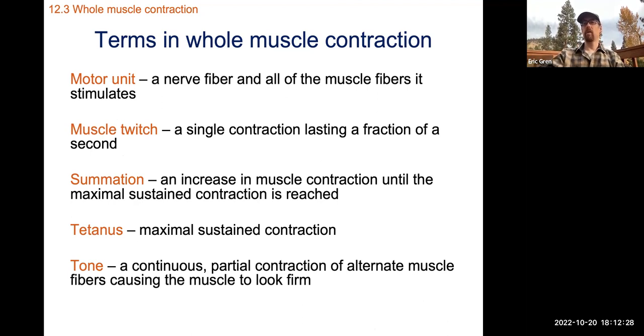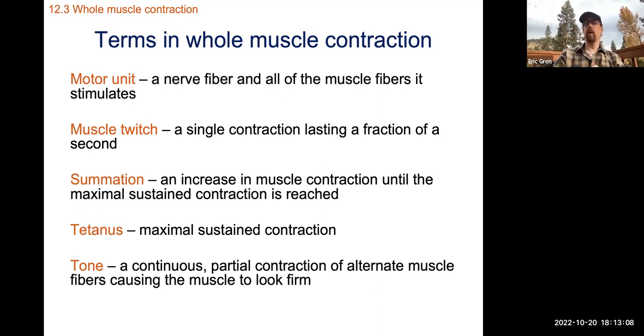A muscle twitch is just a single nerve impulse resulting in a single release of calcium ions from the sarcoplasmic reticulum and one single shortening of all of these sarcomeres, all of the myofibrils in that particular muscle cell. Okay. Now, if we have multiple twitches happening in rapid succession, what we have is what's called summation. Okay, summation is the sum of what you get when you add a whole bunch of twitches together.